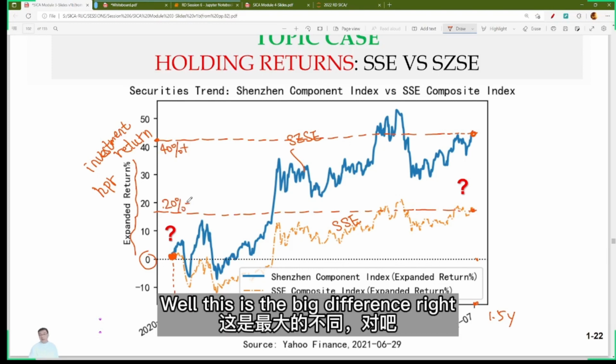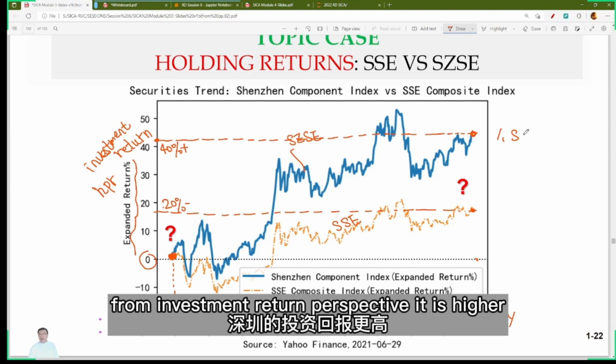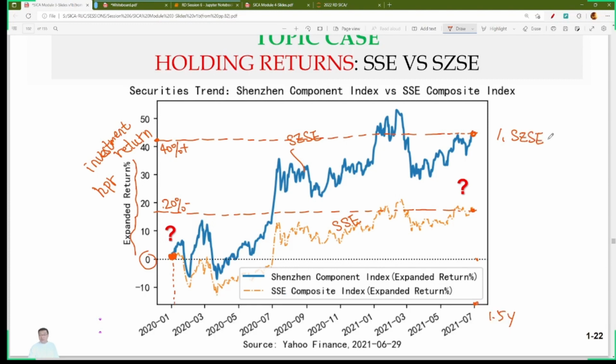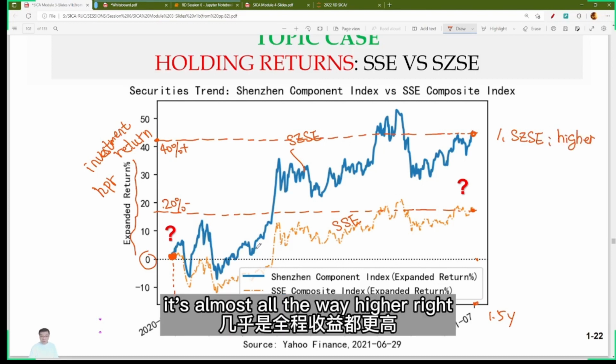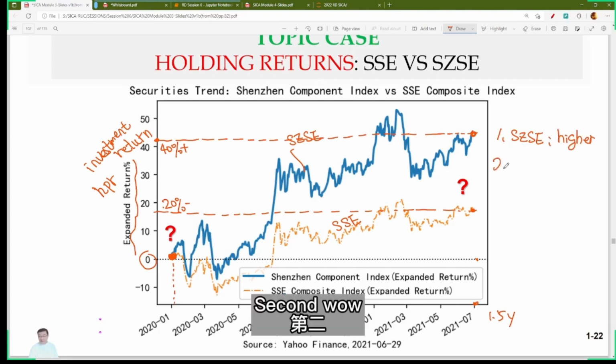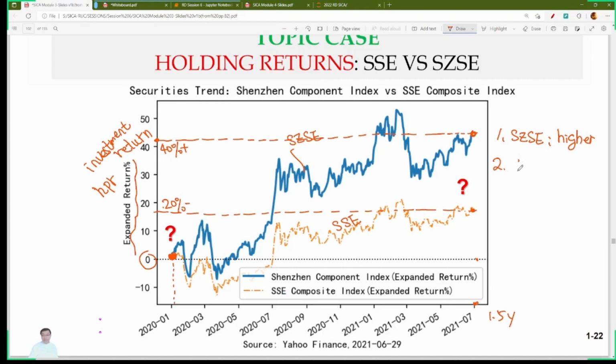Well, this is the big difference. And from the curves, we can also tell that the Shenzhen side, from the investment return perspective, is higher, significantly higher. It's almost all the way higher, right? Second, the trend is similar to each other. Similar trend.